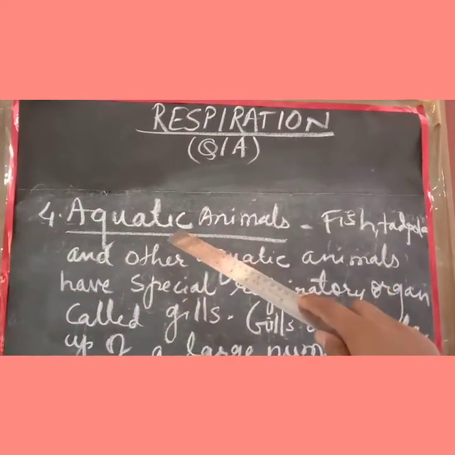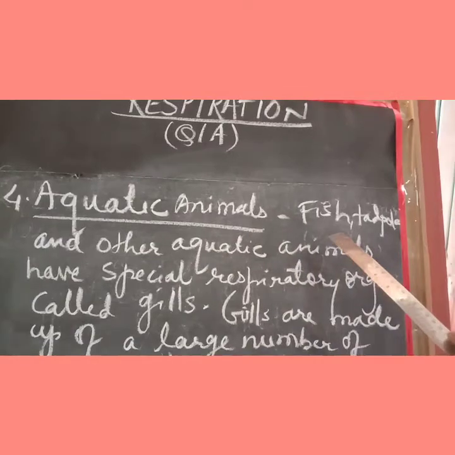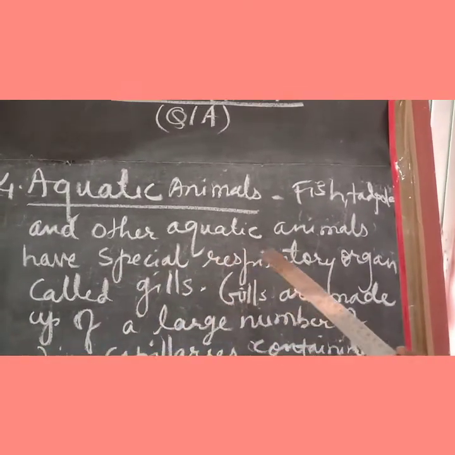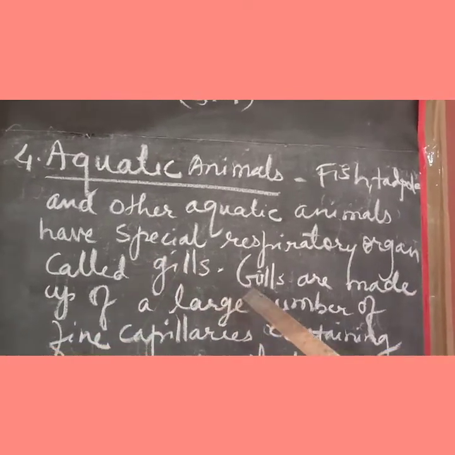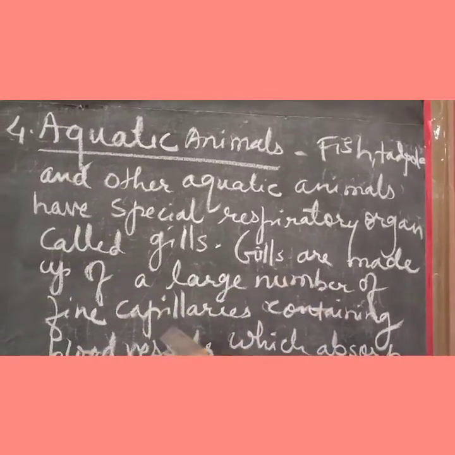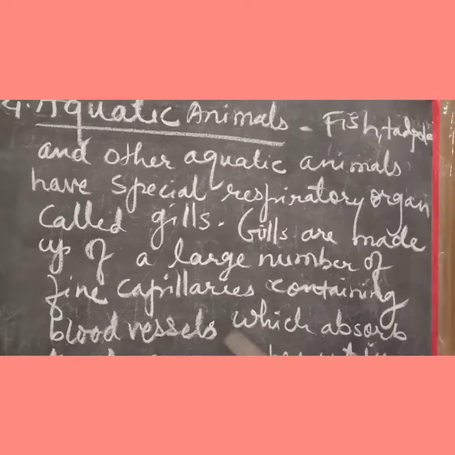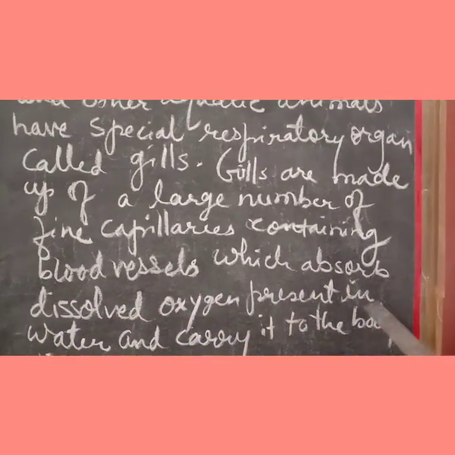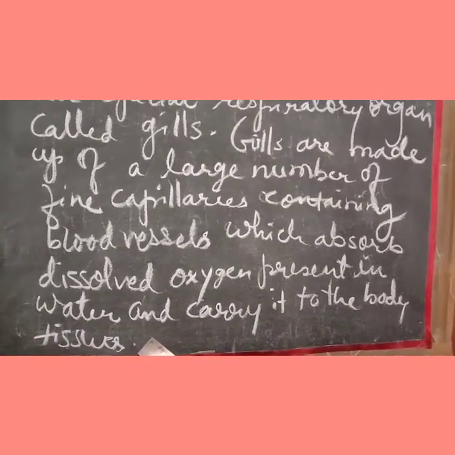Now let's see about aquatic animals. Aquatic animals such as fish, tadpole, etc. have special respiratory organs which are called as gills. Gills are made up of a large number of fine capillaries containing blood vessels which absorb dissolved oxygen present in water and carry it to the body tissues.